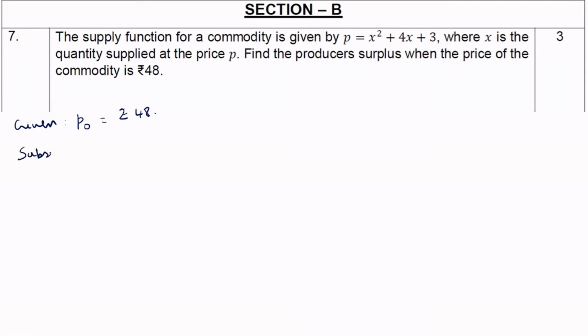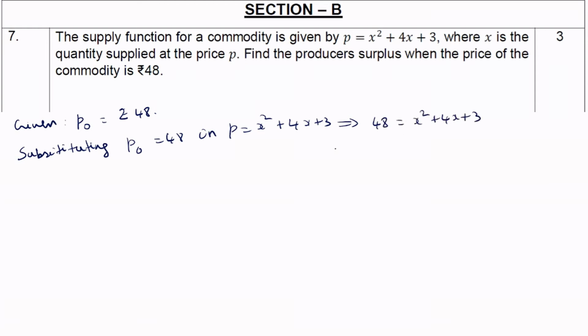So substituting P naught equal to 48 in P equal to x square plus 4x plus 3 implies 48 equal to x square plus 4x plus 3. So this implies x square plus 4x minus 45 equal to 0.